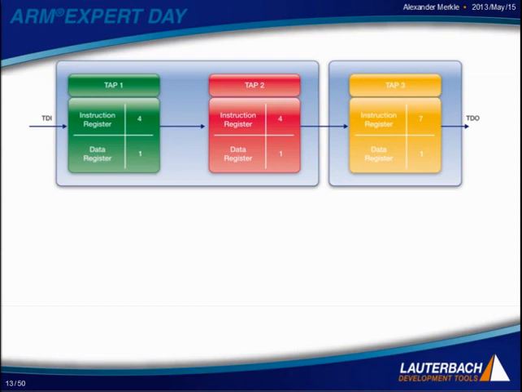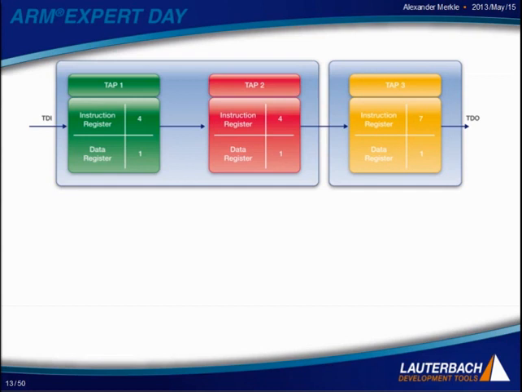It first comes into the first core, then to the second core, then to the third core, and then comes back out again and is sent to the debugger. What is interesting for the debugger is the length. The first CPU has a width of 4, the second also a width of 4, and the DSP has a width of 7. So in total we have 4 plus 4 plus 7, so 15. The debugger needs to know the length of the chain.